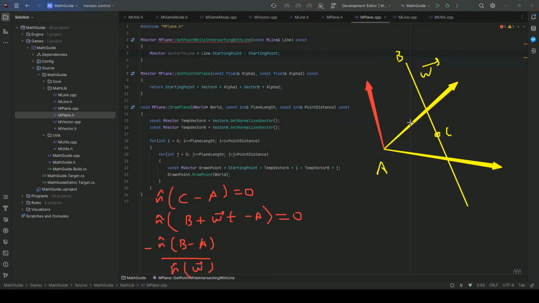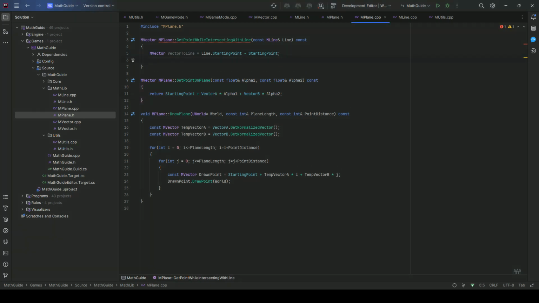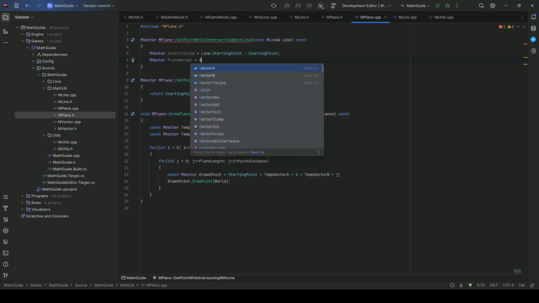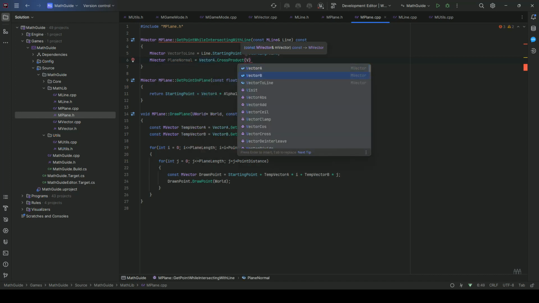So we calculated the b minus a. B is the starting point of the line here, and a is the starting point. So this is done. Next is the n part. So for n, it will be a plane normal. So vector plane normal is equal to vector a cross product vector b.